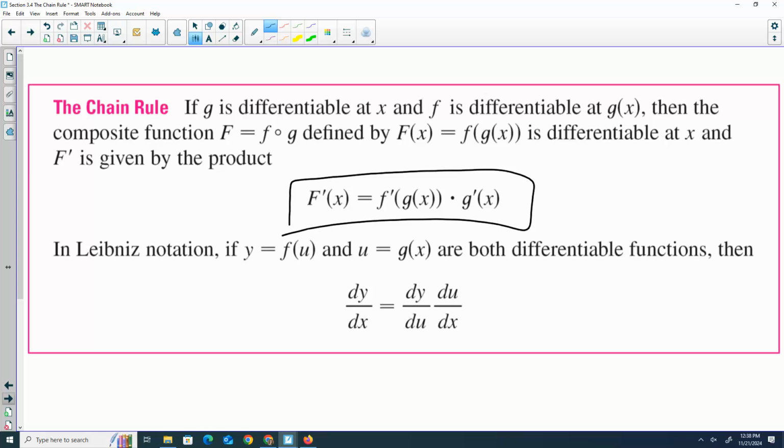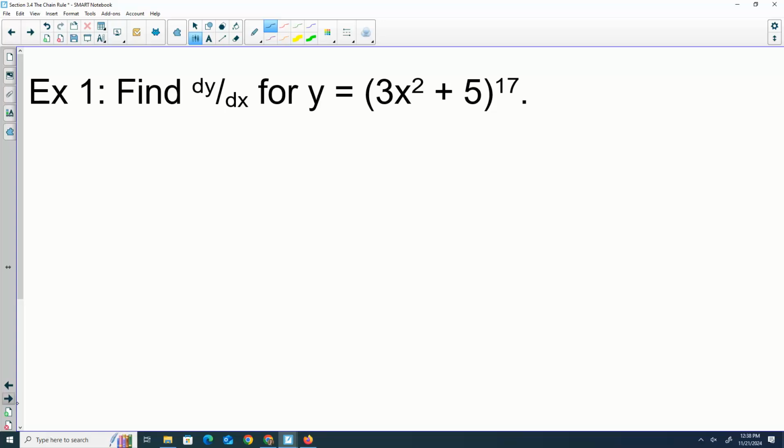Let's look at one together. So if I asked you to find this derivative. Okay, it's not just x to the 17th, but we can start there. The outside thing is the 17th power. So if you're doing the derivative of something to the 17th, the exponent comes down, and you would subtract 1 from the power, right?